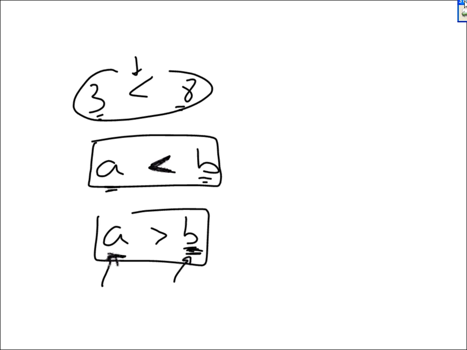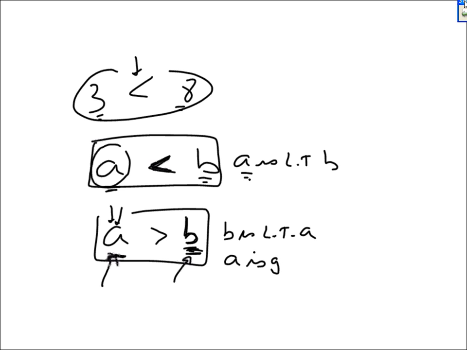Since the arrow's pointing to A, we know A is less than B. The arrowhead is pointing to B. This says B is less than A. But I want to start off saying A first. Well, if B is less than A, it must be because A is greater than B. That's the greater than symbol. A is greater than B. A is less than B.